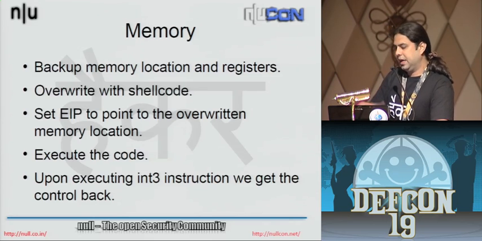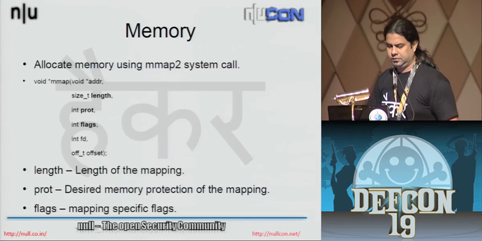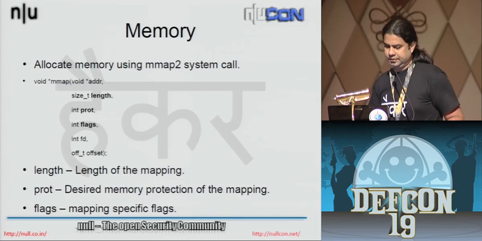How do I do it? I use setRegs to set the EIP to the memory that has been newly allocated by my shellcode. And at the end, I put the int3 instruction so that I know once it has executed, it gives control back to me. Yeah, it's as simple as this.